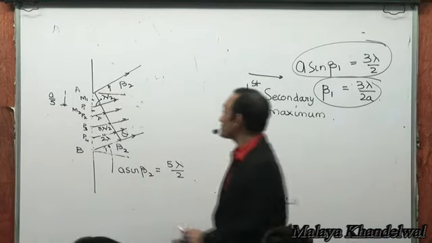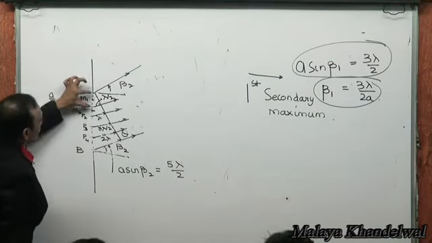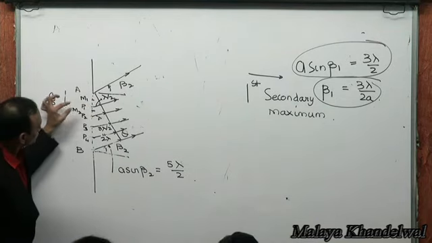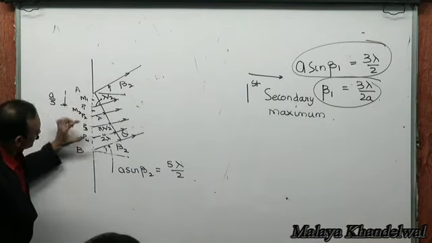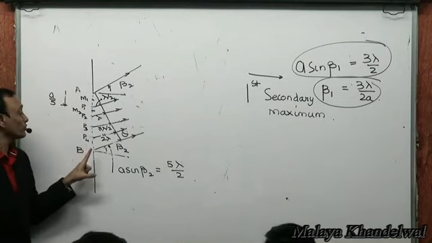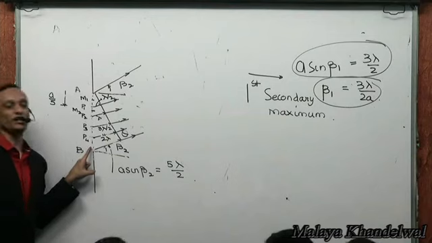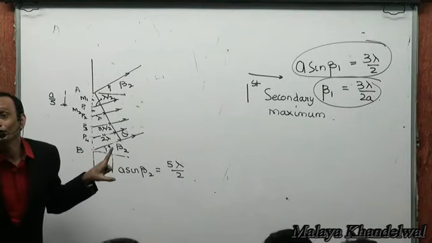Yes or no? That means AP1 would get completely cancelled by P1, P2. P2, P3 would get completely cancelled by P3, P4. What remains? P4B. P4B illuminates, but with 1/5 of the energy.